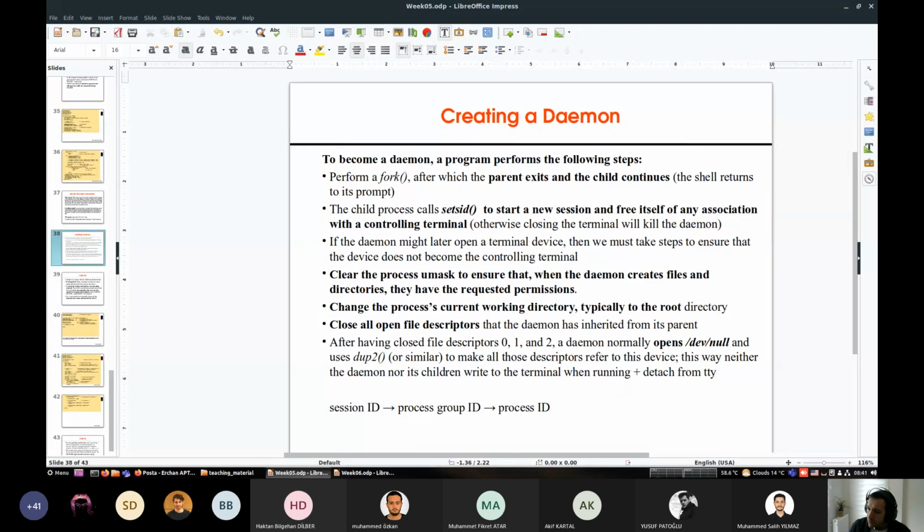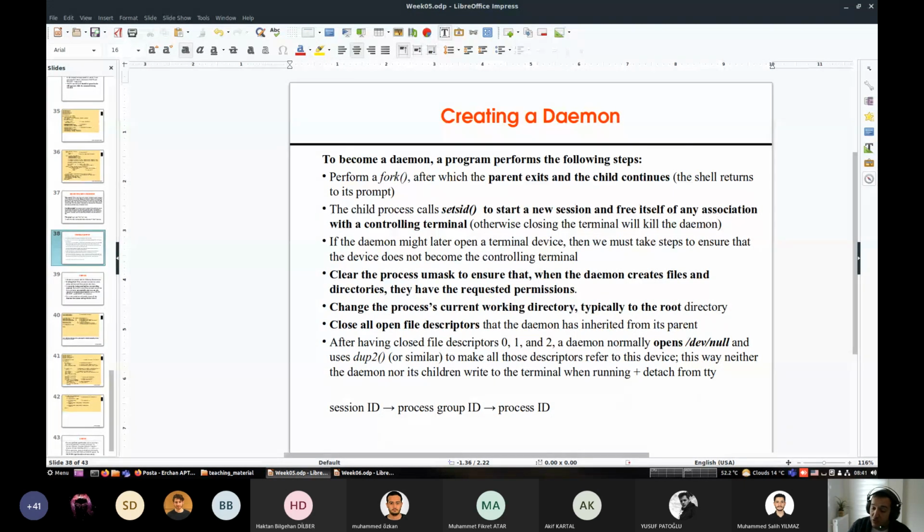Now, there are a few minor differences with daemons. Why are there differences? The differences exist because daemons are expected to run from the beginning of the booting process. So from the moment that the system is booted up, usually until the system shuts down. So we are talking about a process that must be usually user independent.